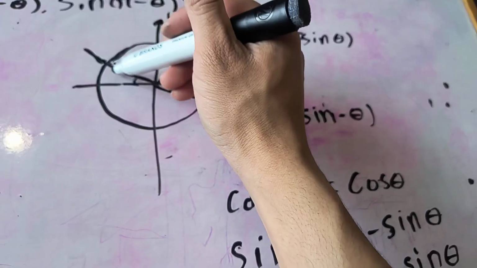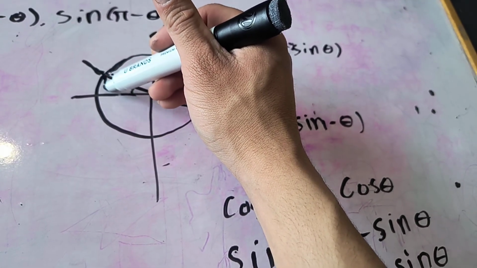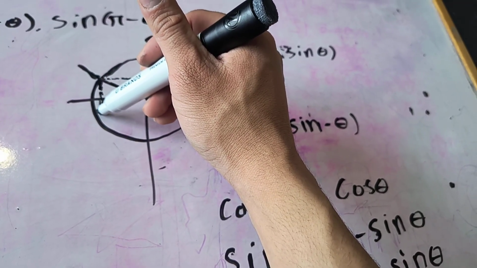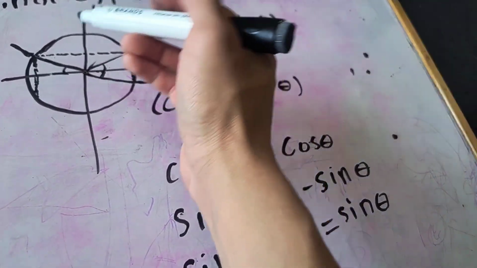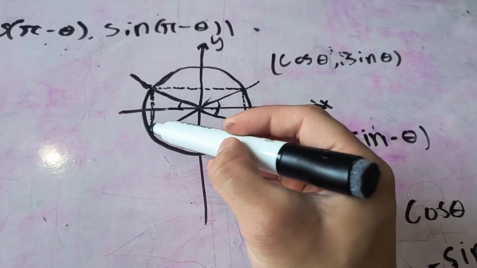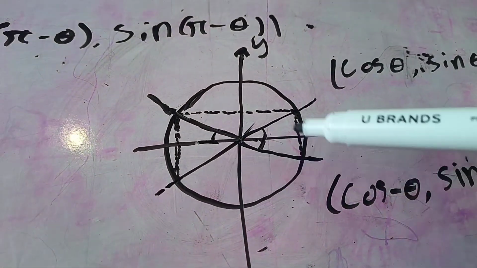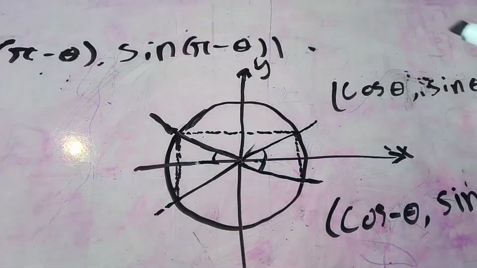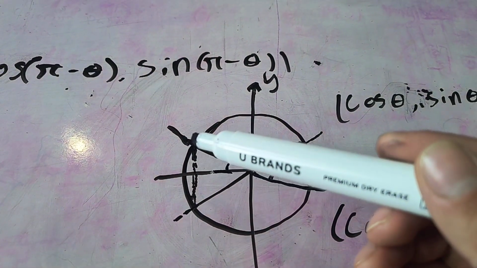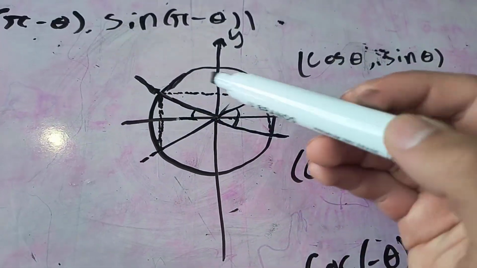Now if we were to make another mirror image across this x-axis and draw the line like this across it, all these things are supposed to be equal. I know the lengths might be a bit different because the circle's not perfect, but they're all supposed to be symmetrical. Let's write it down in angles first.